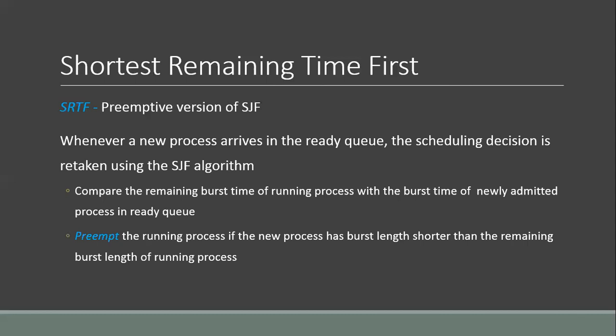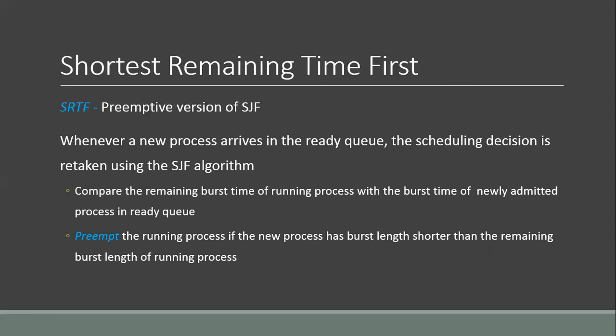Because the currently running process already has computed or completed some of its execution. So it has completed a part of its burst length, while still there is the remaining part of the burst length that it needs to complete. Hence, we will compare this remaining burst length with the burst length of the newly admitted process.